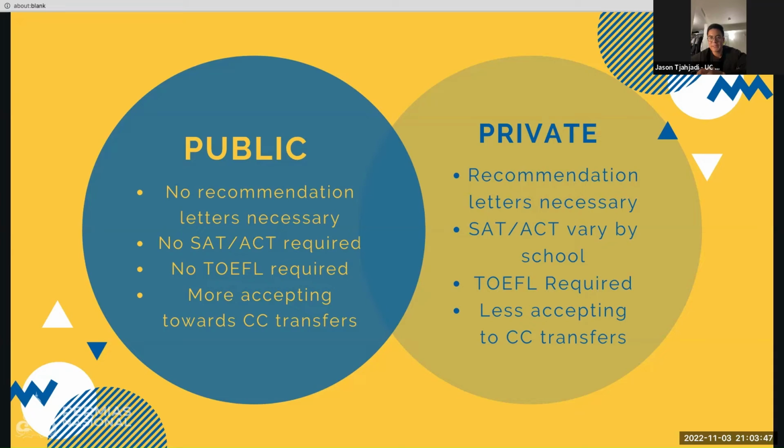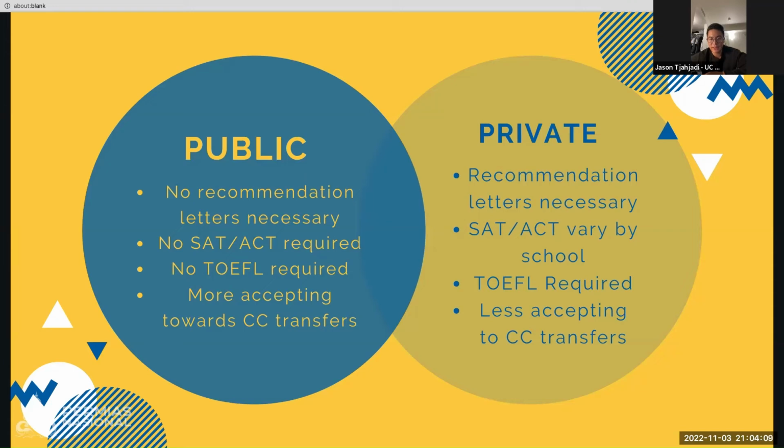And basically their minimum requirement for TOEFL, and from my experience, Duolingo helped me much better in this case. For private universities, you may also want to check their stats because they tend to be less accepting of CC transfers. They do not have any binding proposed bills such as what state schools or public schools have.